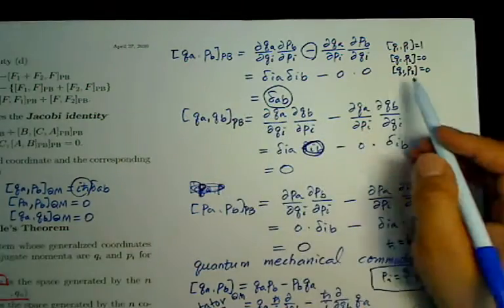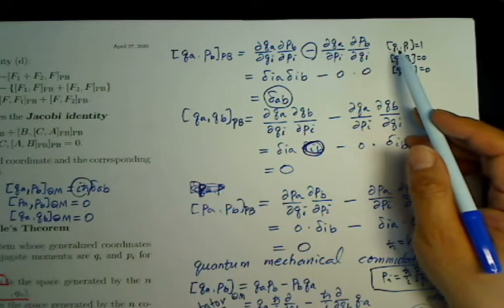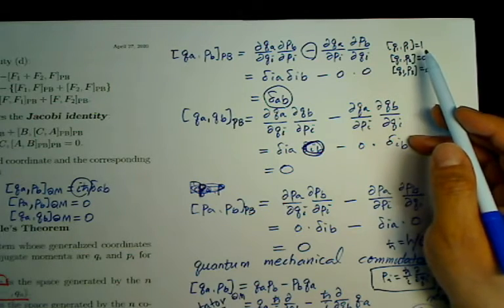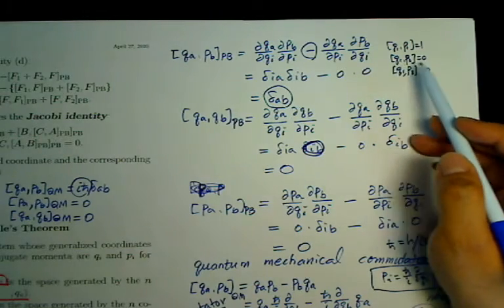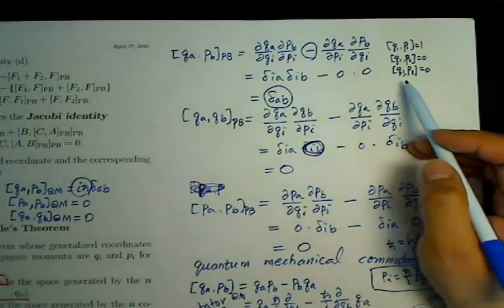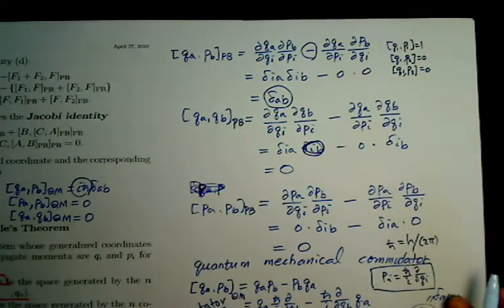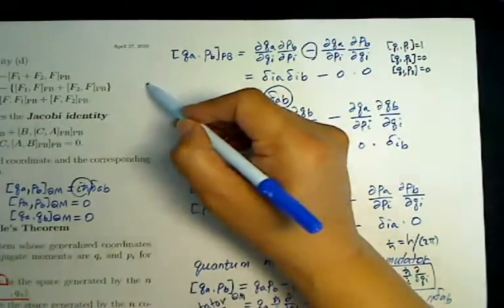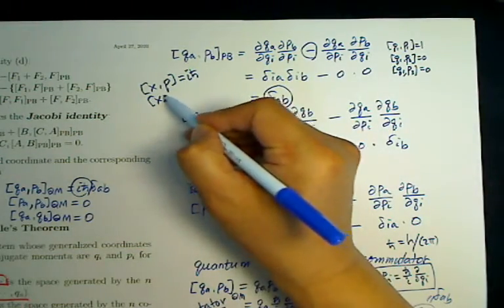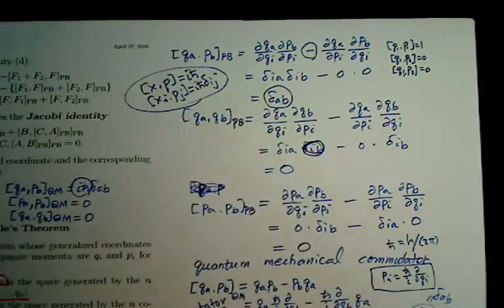So the result is, for example, in a single particle three-dimensional case, the bracket of Q1, P1 equals 1, Q2, P2 equals 1, Q3, P3 equals 1. And Q1, P2, if the indices are different, is 0. Q1, Q3 is 0, and so on. So that is the Kronecker delta AB. We remember that [X, P] equals i h bar, but [X_i, P_j] equals i h bar delta ij in the quantum mechanical case.